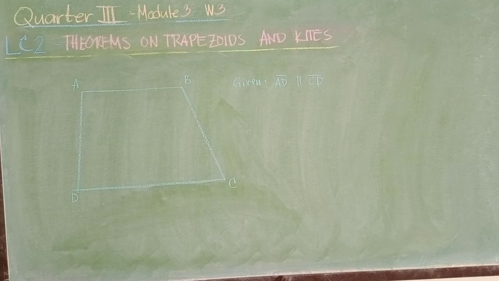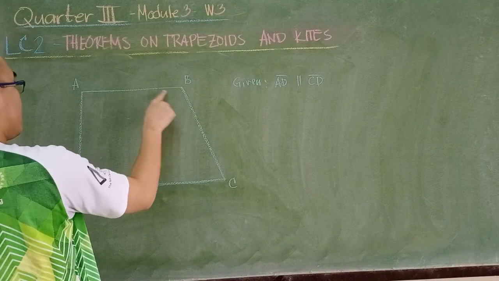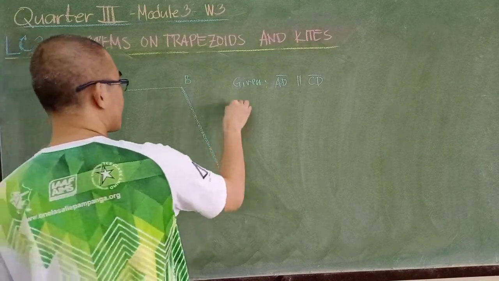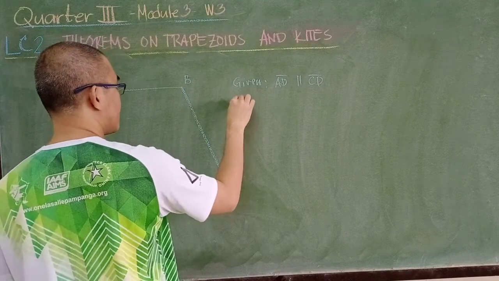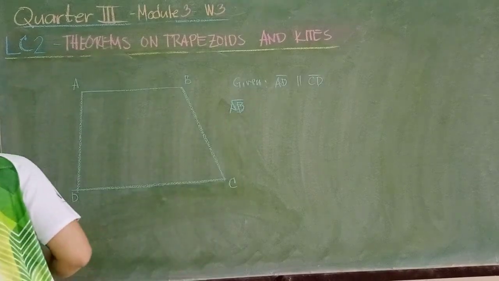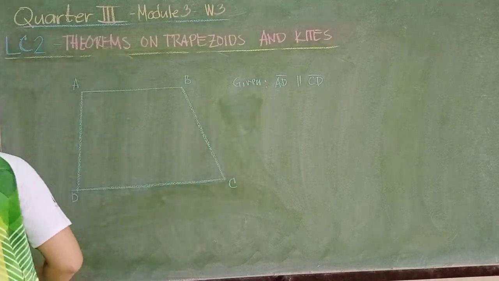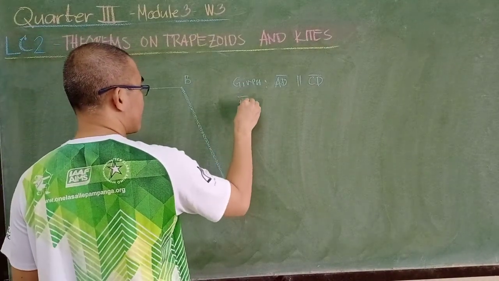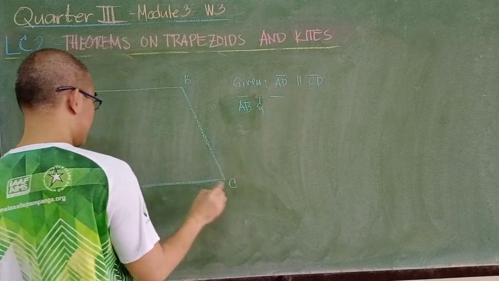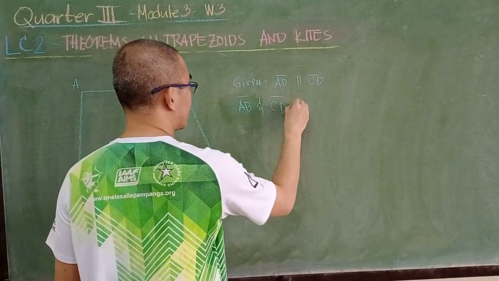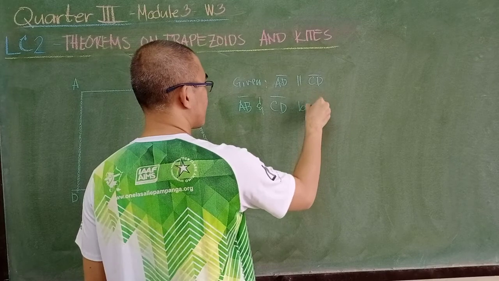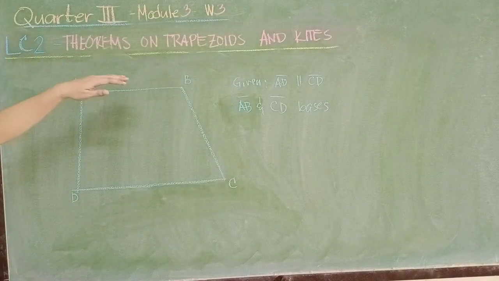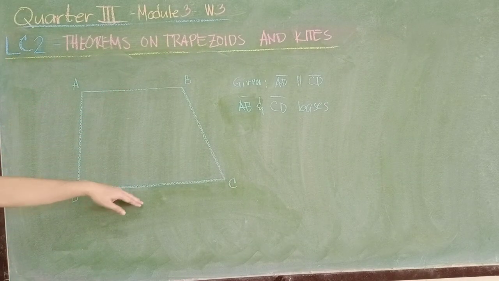So, let's identify the parts of this trapezoid. Line AB and line CD are called the bases. The parts of the trapezoid that are parallel are called the bases.